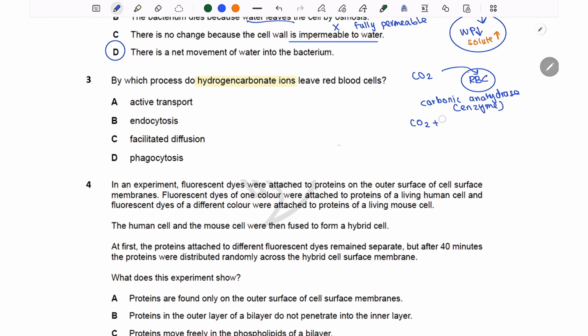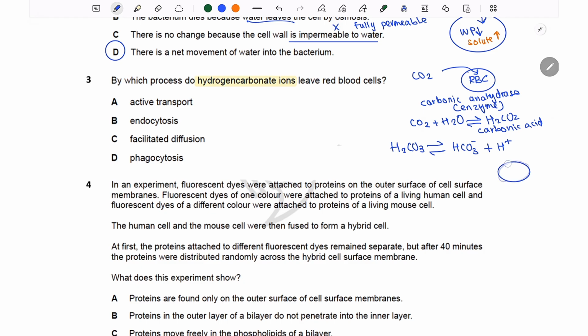Carbon dioxide reacts with water and forms carbonic acid. This is carbonic acid. Then this carbonic acid dissociates to form hydrogen carbonate ions and hydrogen ions.